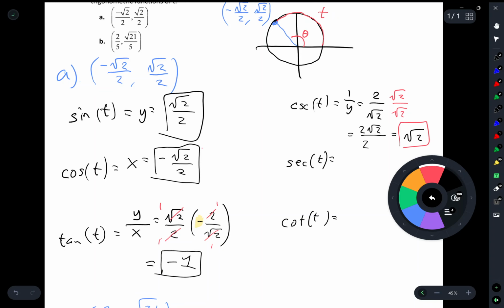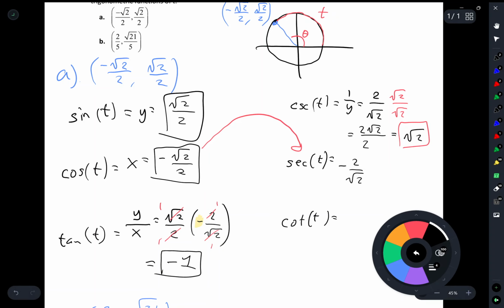Right, there's a similar relationship for cosine of t and secant of t. I'm going to cheat a little bit here. I already know what's going to happen when I flip root 2 over 2. It's going to be the same thing as what happened when I solved for cosecant. The only difference here is that I need to take care of that negative. So officially, it would be negative 2 over the square root of 2, and you would multiply top and bottom by square root of 2.